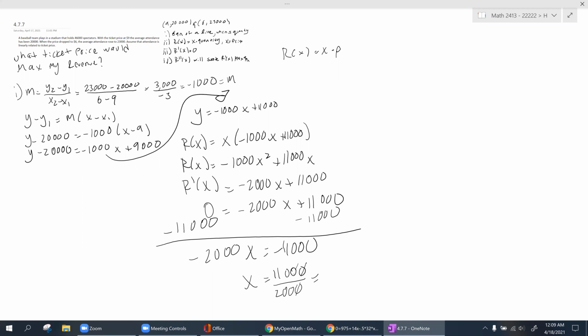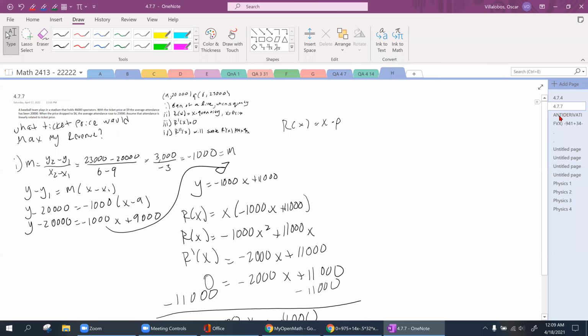These cancel out, leaving me with 11/2, which is approximately 5.5, or $5.50. So that price right there would maximize my revenue. Very, very nice.